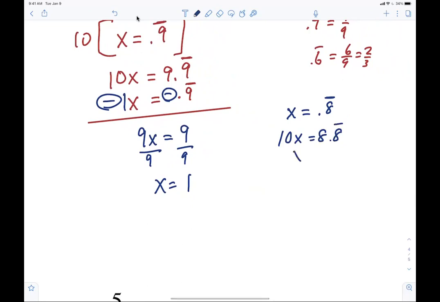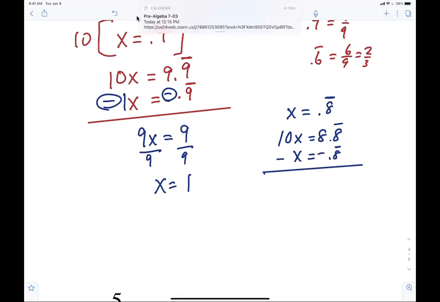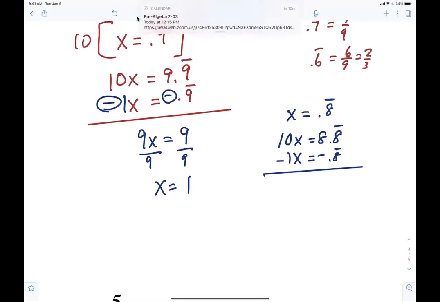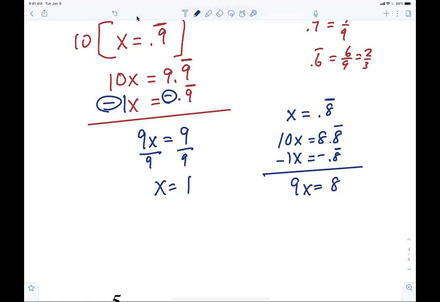And then they wrote X equals 0.8 repeating, and they knew they had to get rid of the repeating, so they just subtracted. What's 10X minus 1X? 9X. What's 8.8 repeating minus 0.8 repeating? 8.0. And now we just divide by 9. So that's how they figured out what that was.